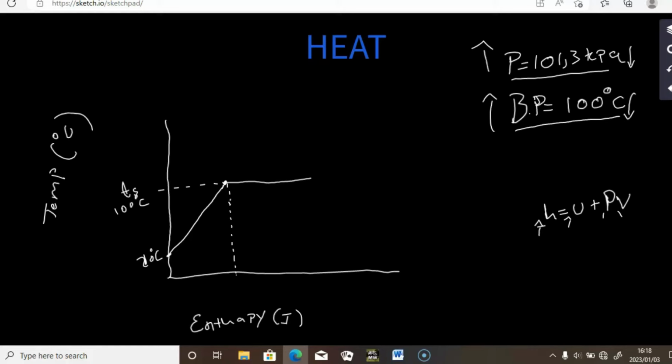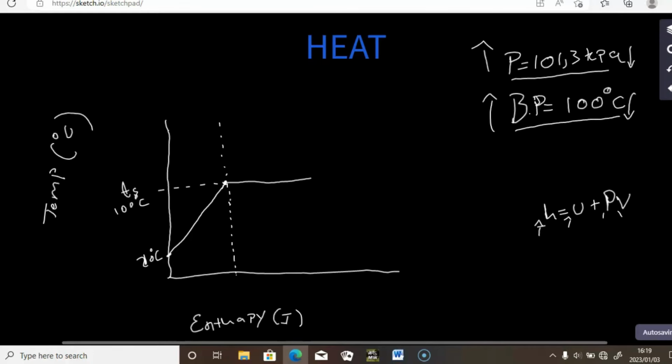Because the heat energy that is added is no longer used to change the temperature of the water, but to convert the water to steam. Meaning from here to here, we are having water. And then from here to this point, we will be having water plus steam.